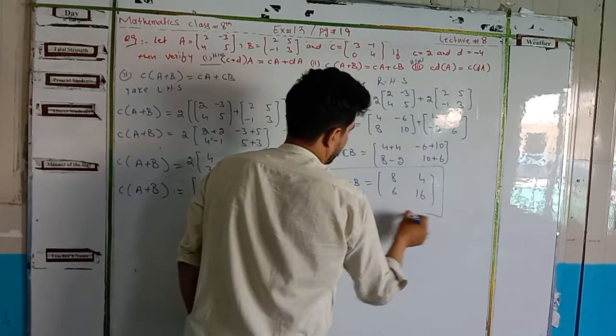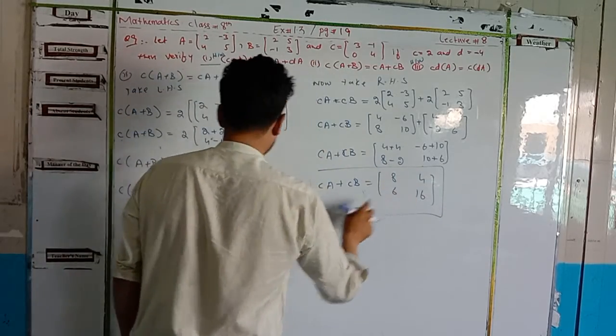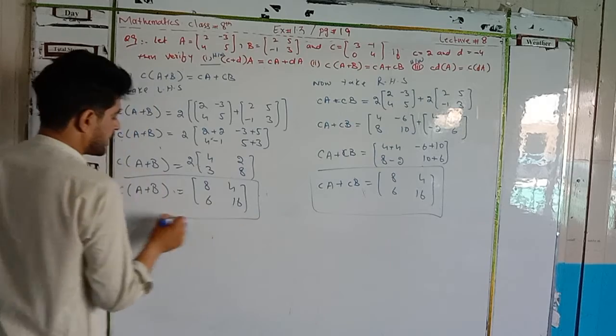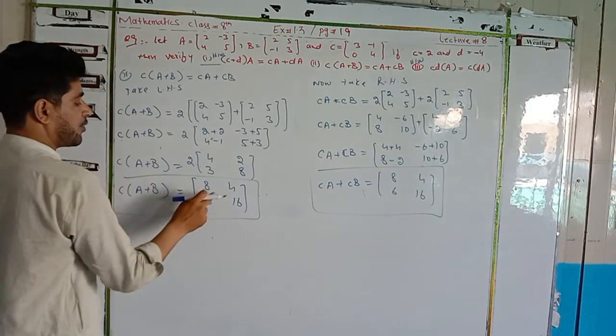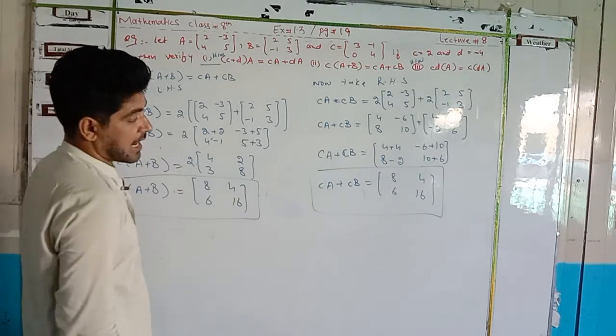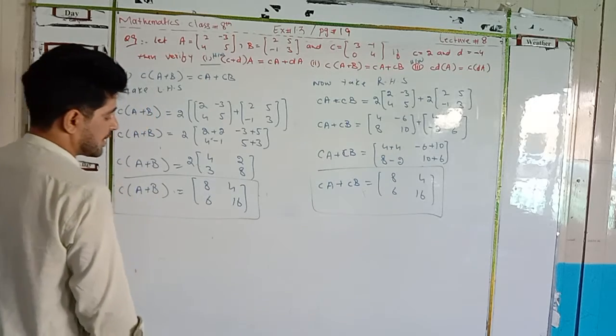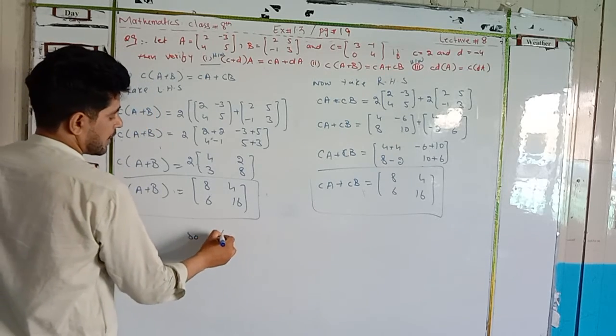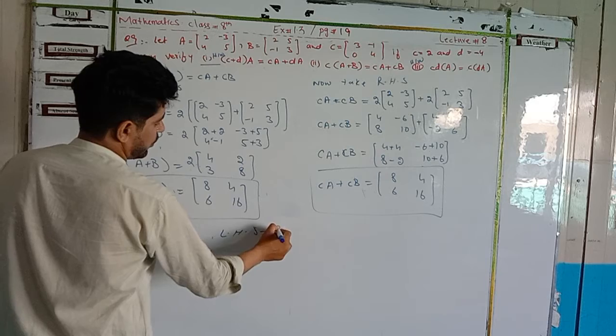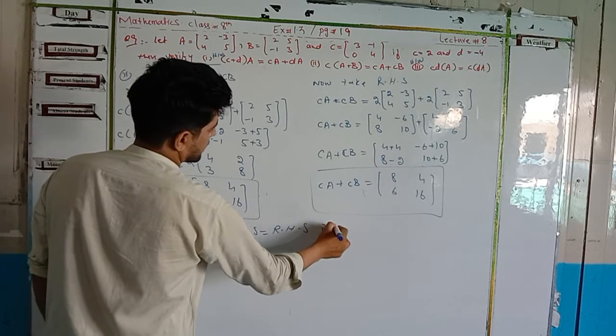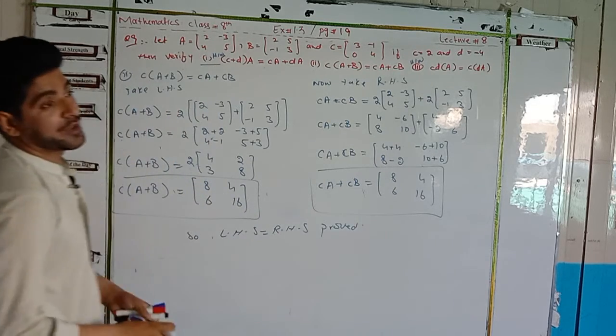So left hand side is 8, 4, 6 and 16 and right hand side is also 8, 4, 6 and 16. So left hand side is equal to right hand side and this is proved.